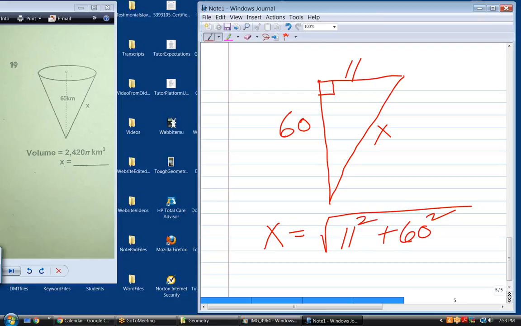Well, that's the Pythagorean theorem. But if you have to go back to that as your starting point every time you solve a right triangle, you're going to be doing a lot of steps in math that you don't need to be doing.